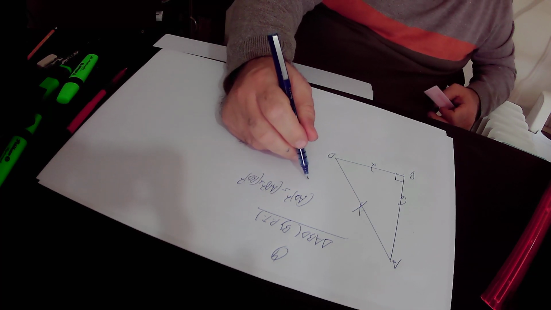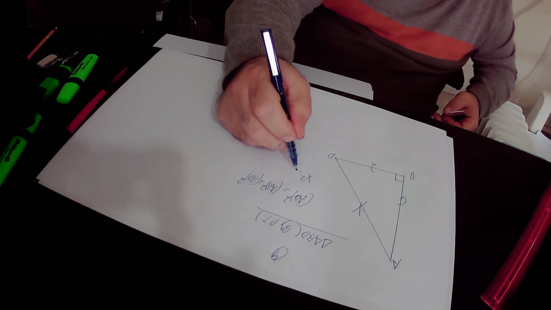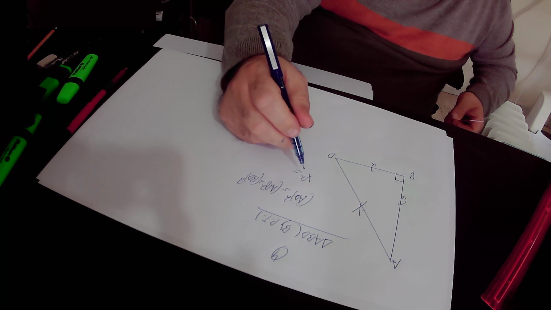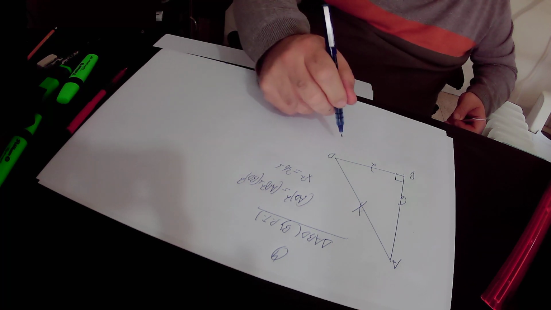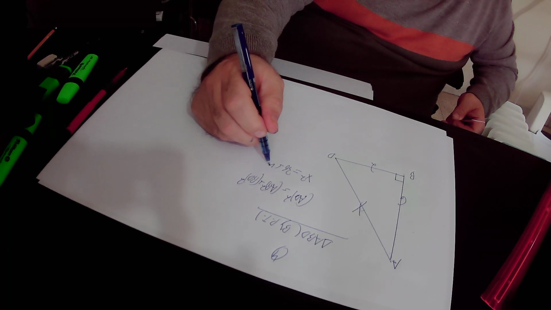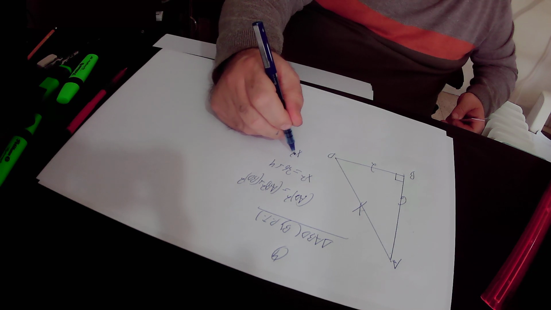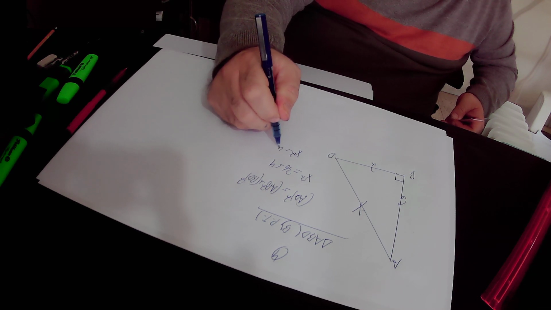AD equals x, so AD squared is x squared. That is equal to AB squared. AB is 6, so AB squared is 6 squared, that is 36, plus BD squared. BD is 2, so BD squared is 2 squared, that is 4. So we found out that x squared equals 36 plus 4, which is 40.